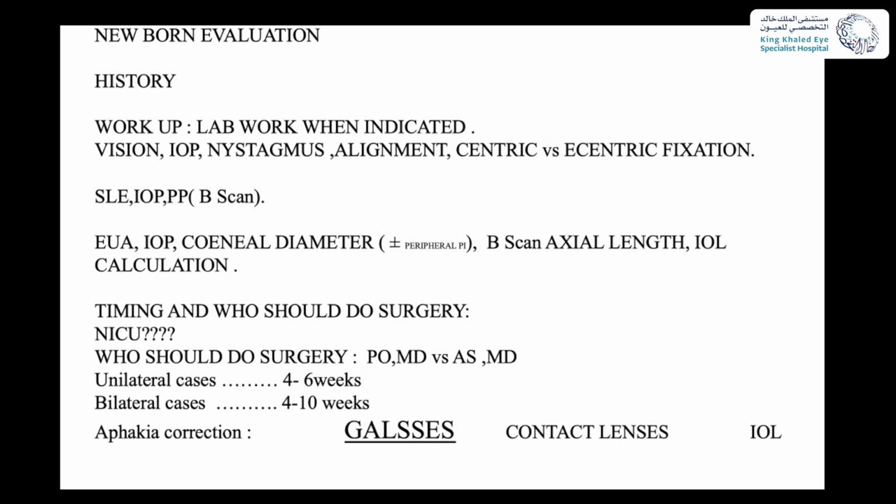For this reason, you have to explain to the family that your child has a congenital cataract, but there are high chances for these kids to develop glaucoma in the future. Check the corneal diameter, do the scan, look at the axial length, do the IOL calculation, and decide when you have to do the surgery for patients with congenital cataract.